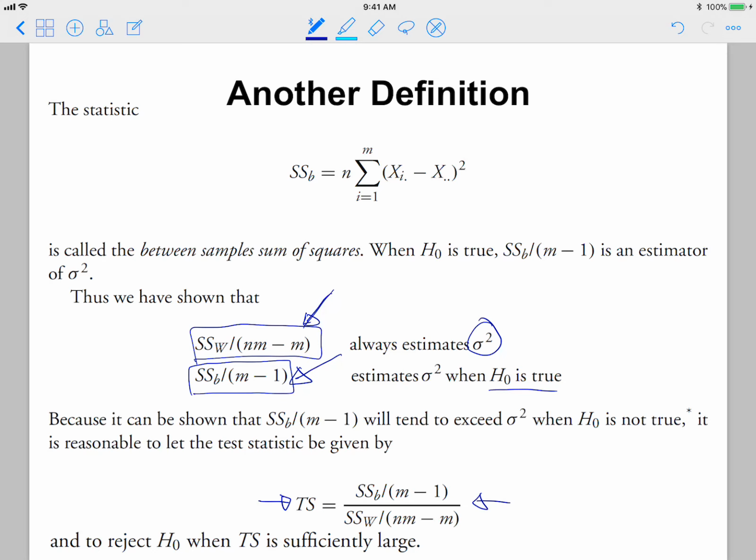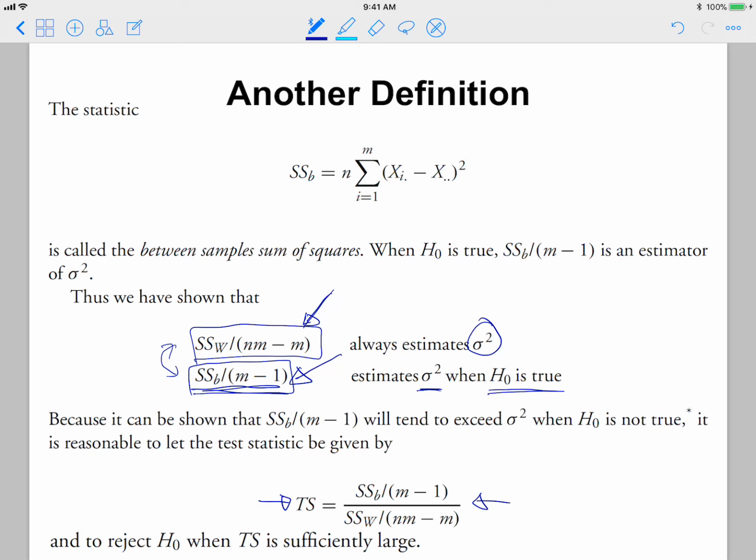Using this statistic, we will use the F distribution, which is the distribution of the ratio of two chi-square random variables. Then let's think about which one is larger than the other. Again, this is only a valid estimator for sigma squared when the null hypothesis is true, right?